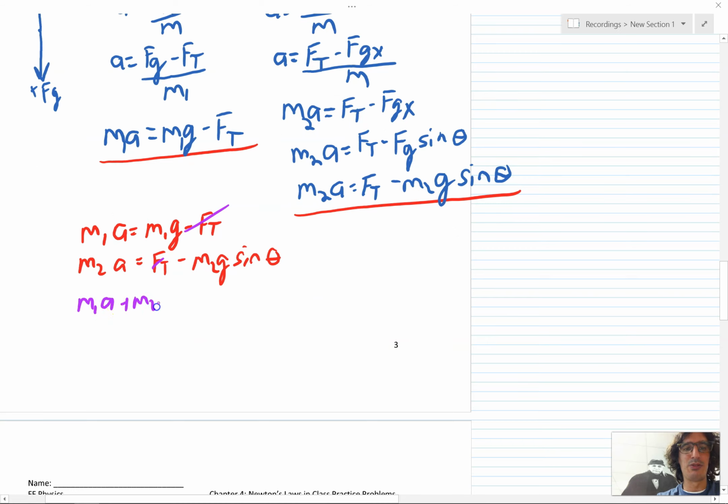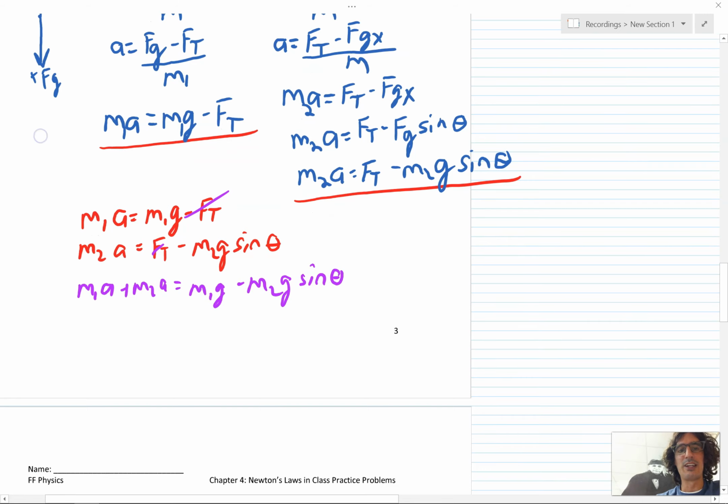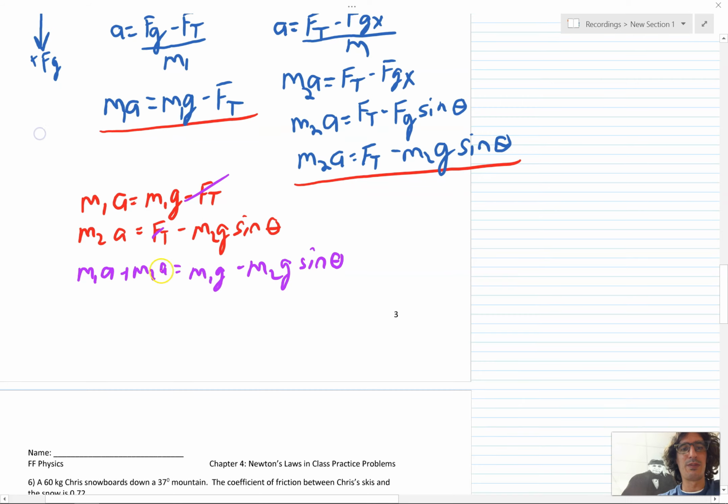M1A plus M2A equals M1G minus M2G sine of theta. In this case, we're going to solve for the acceleration first. We have the accelerations on the left side, so let's pull out the acceleration. That leaves us with M1 plus M2 equals all the junk on the right side. M1G minus M2G sine of theta.